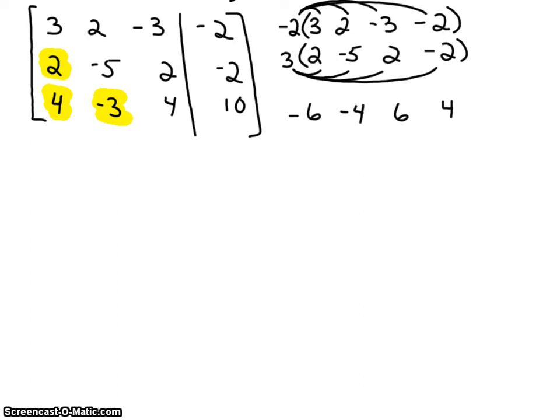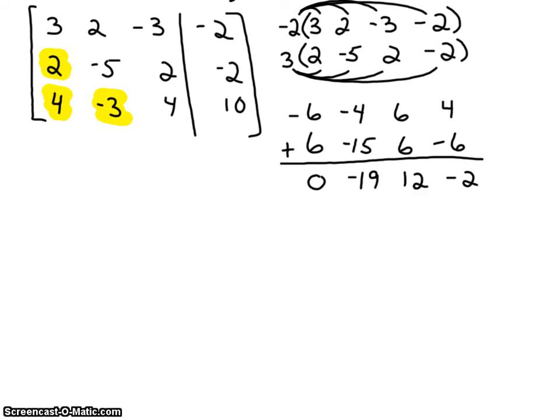And as a result, I get positive 6, negative 15, positive 6, negative 6. I'm going to add these together. And as a result, I get 0, negative 19, 12, negative 2. Alright. I'm going to replace row 2 in my matrix with this result.